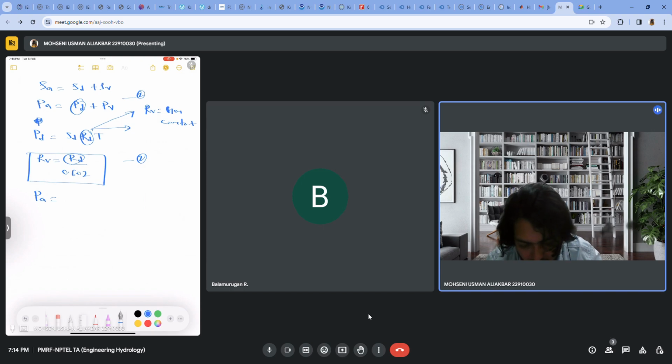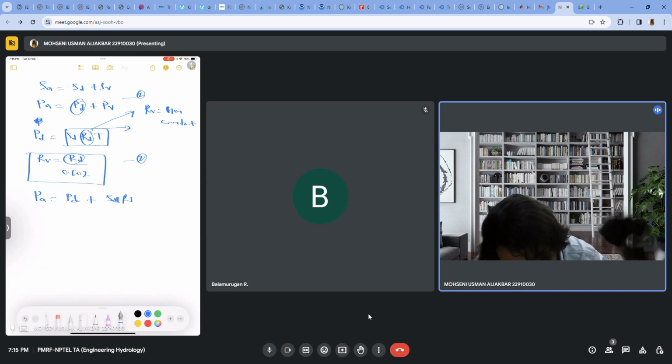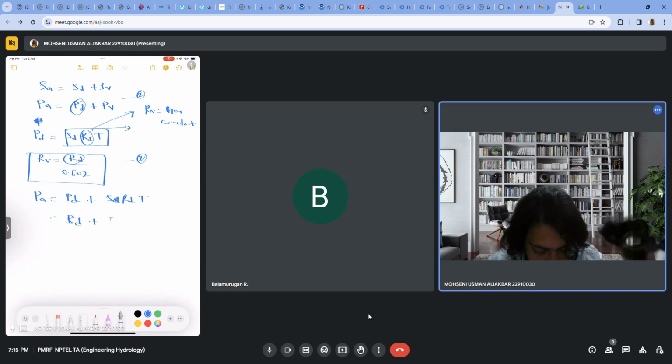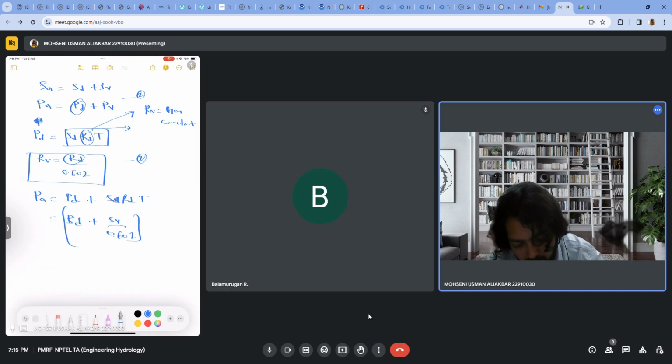So we are going to substitute PD as rho D RD of T. So we will write this as PD plus rho D RD of T, and we can write this equation in terms of density now, that rho D is equal to rho V upon 0.62 in terms of RD and T.